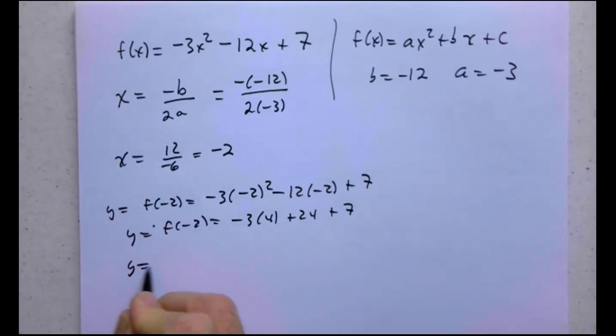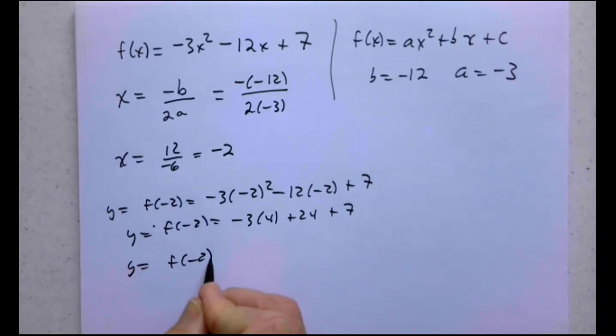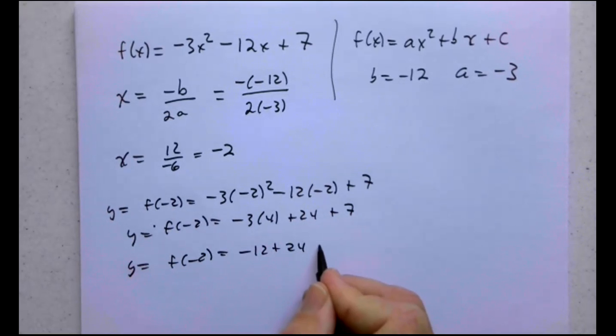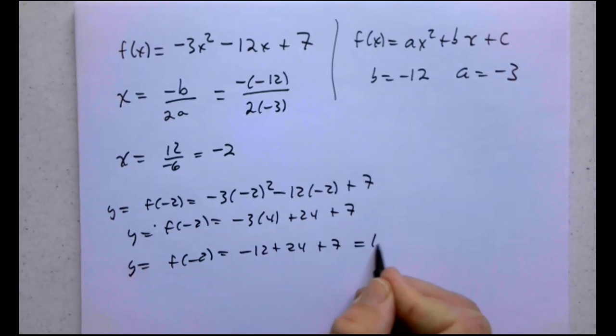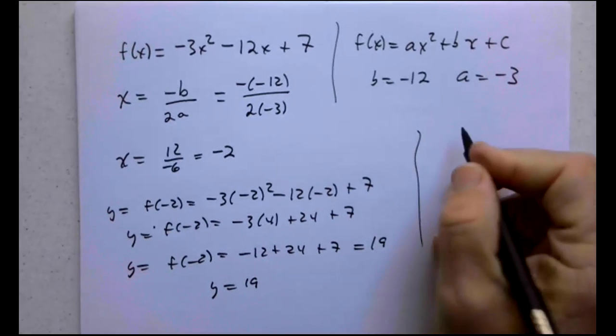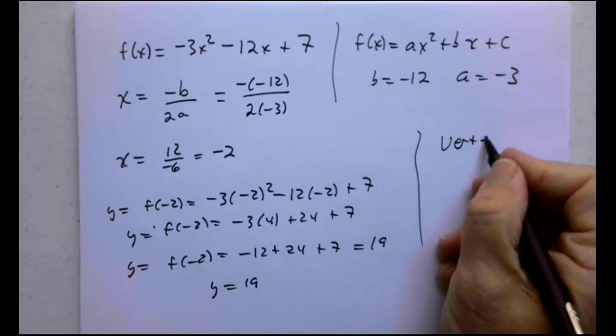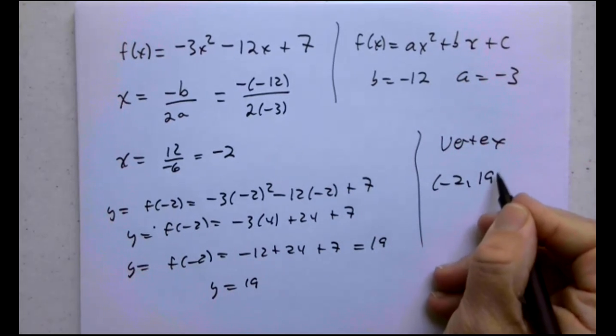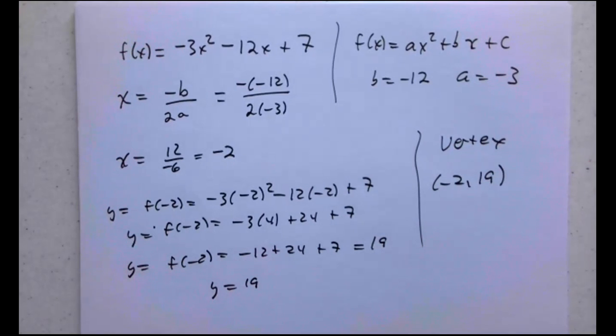What does that give me? Negative 12 plus 24 is 12, plus 7 looks like it's 19. So the y value is 19. So if that's the case, then our vertex seems to be at an x value of negative 2 and a y value of 19.